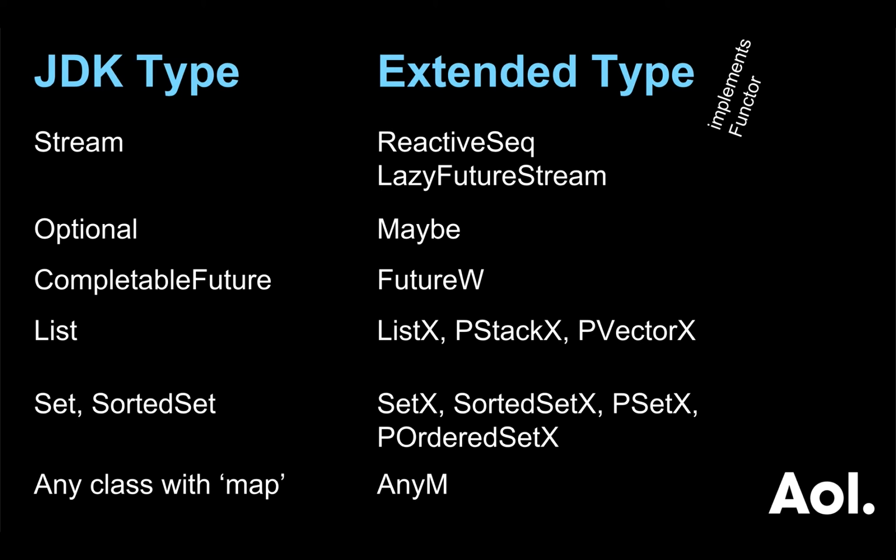So what we've done is we've created a set of interfaces that represent extended persistent data structures. And then finally, there is this super powerful extended type that we've called Nem that can extend and wrap any type that implements map and a number of other operators from right across the ecosystem, and we'll touch on that briefly later within this screencast.